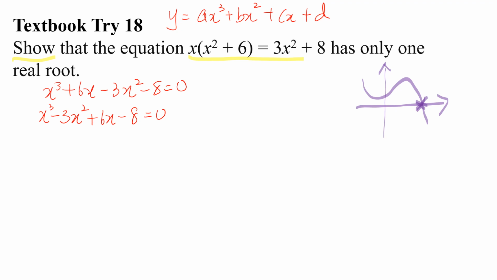Okay, first thing first, let's name our polynomial. We're going to call it g(x). The coefficient of x cubed is a positive 1, so you can just use your calculator to help you find one solution.